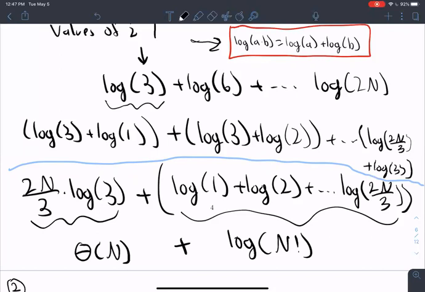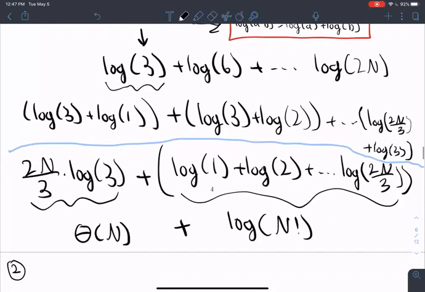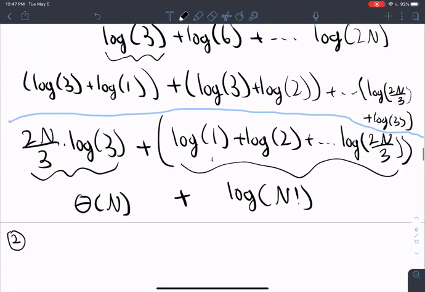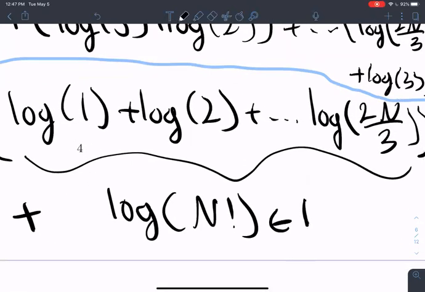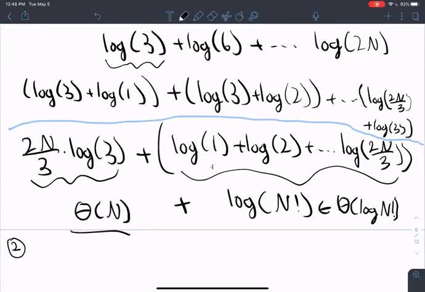So you have some linear term plus the log of n factorial. You can either leave it like this, or you can notice that log of n factorial dominates theta of n. So this is a lower order term, and you can just write this as theta of log of n factorial, basically just dropping that linear term because it's lower order.